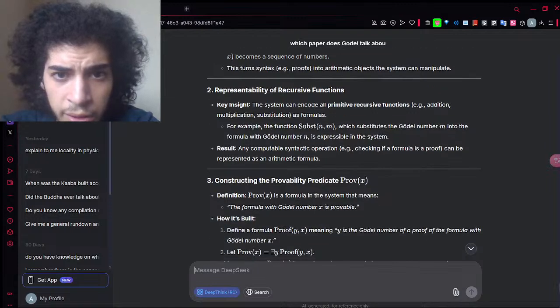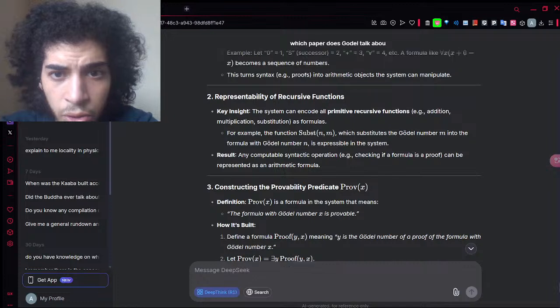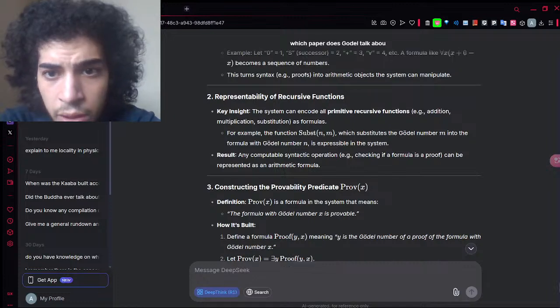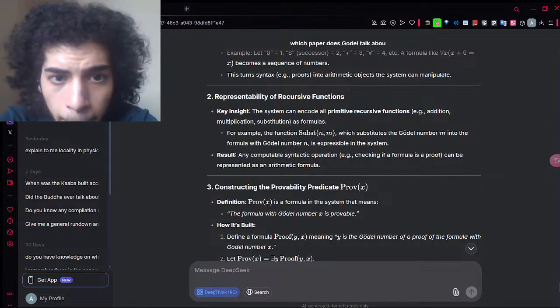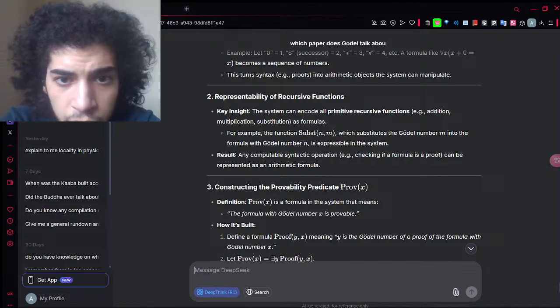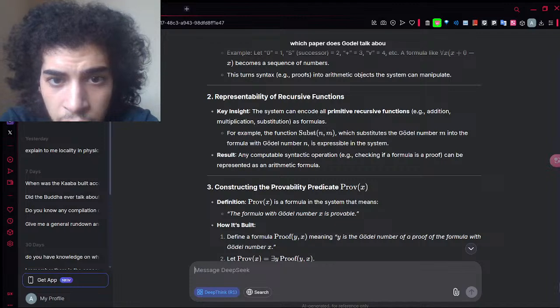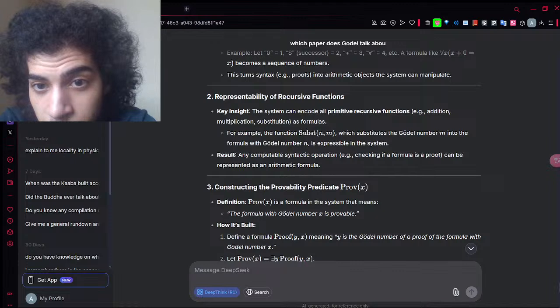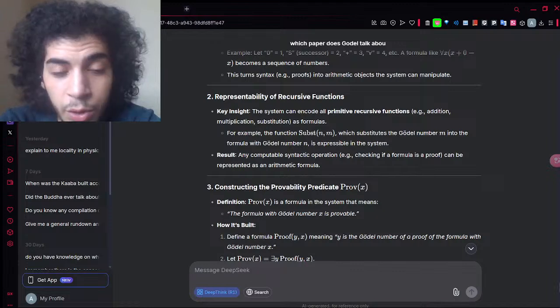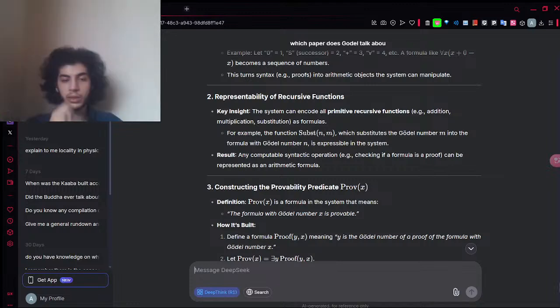Representability of recursive functions. Key insight: the system can encode all primitive recursive functions, e.g. addition, multiplication, substitution, as formulas. For example, the substitution function, which substitutes the Gödel number m into the formula with Gödel number n, is expressible in the system.